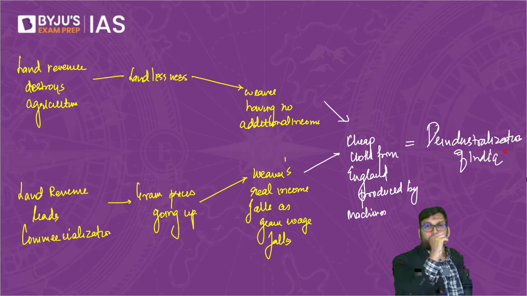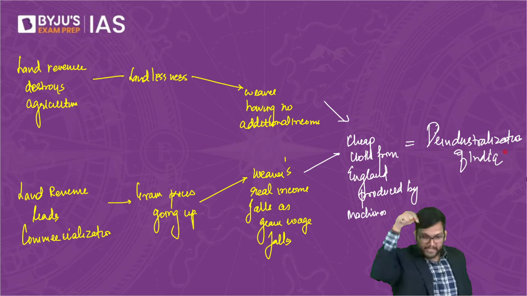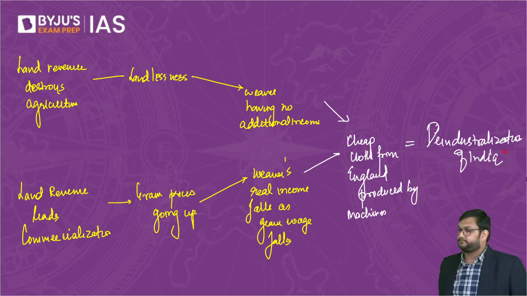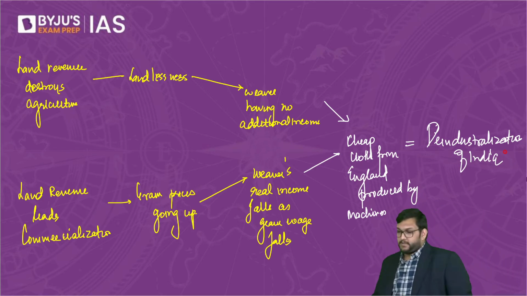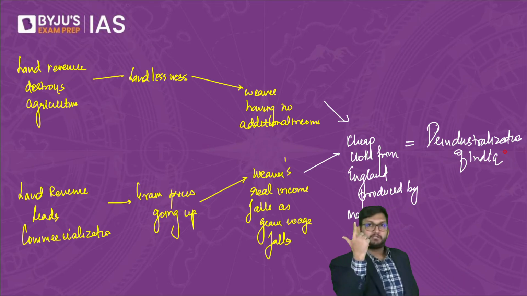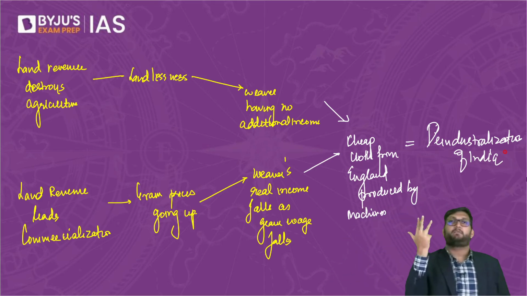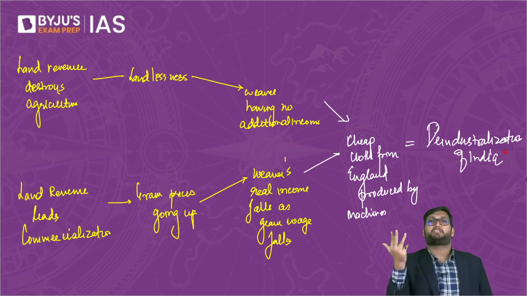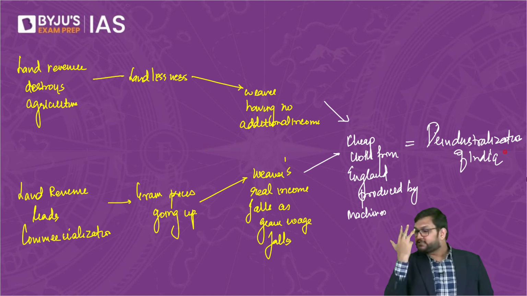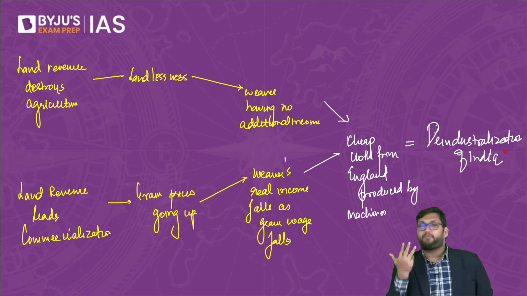Land was already gone, agriculture was already gone, now manufacturing is also gone. Land revenue equals commercialization, equals deindustrialization, equals destruction of the Indian economy, subordination of the Indian economy to the British.